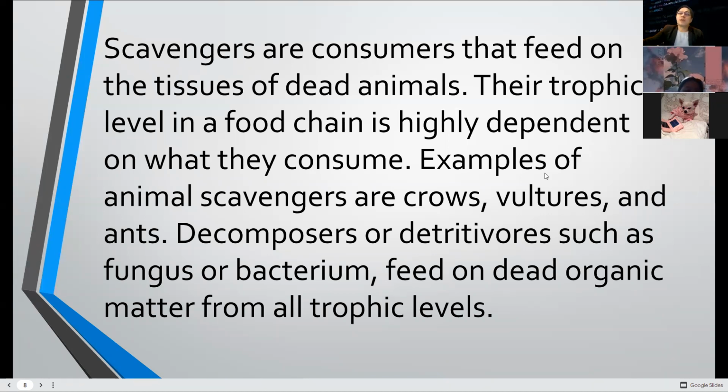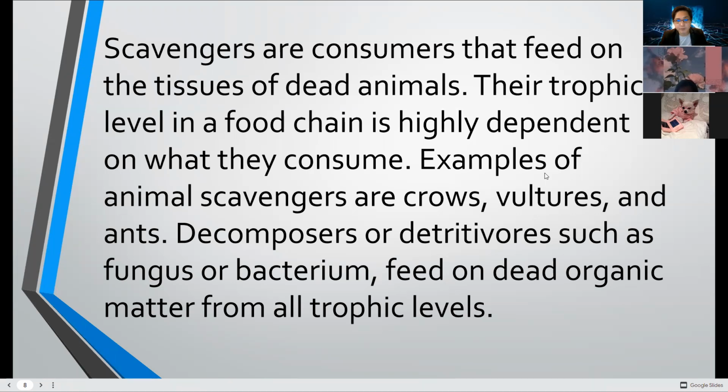What if we have this situation? There are a lot of dead organic material and there is no bacteria, there is no fungus or fungi that actually consume them. What will happen next? They cannot return to the soil. The nutrients that they consume will not return back to nature. And the tendency is there is unbalanced circulation of nutrients.